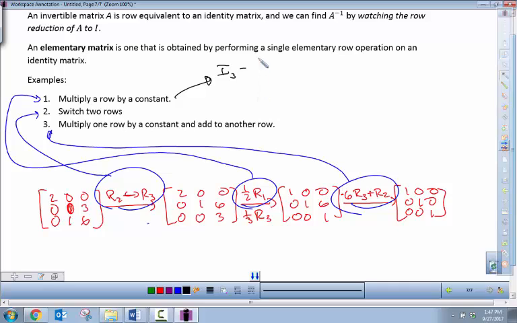Identity matrix, and we want to multiply the first row by 1/2. What is the new matrix going to be? So the identity matrix in 3 by 3? 1/2, 0, 0, 0, 1, 0, 0, 0, 1. Okay.